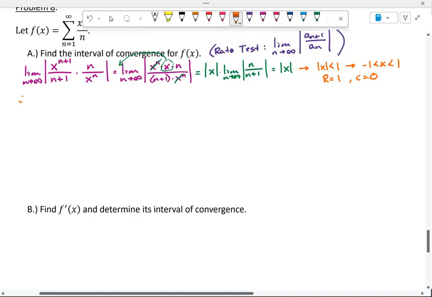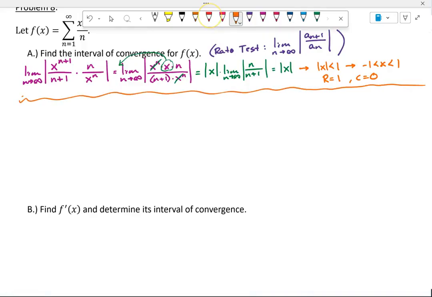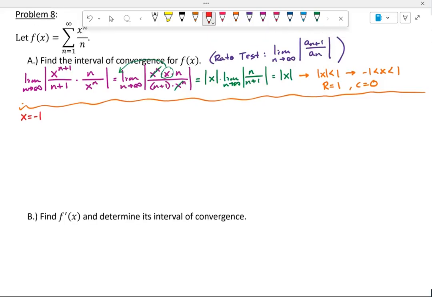And we have our 2 endpoints. Are we good so far, guys? So let's go ahead and test our left endpoint. What is our x value for the left endpoint? Negative 1. Let's go ahead and plug it in.